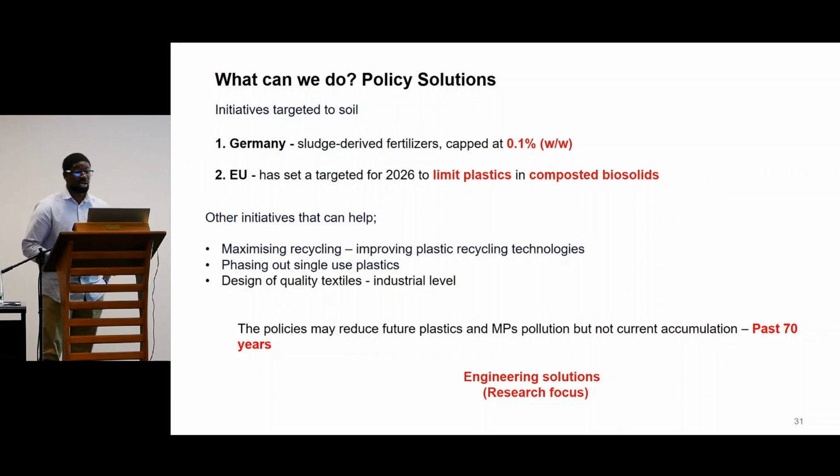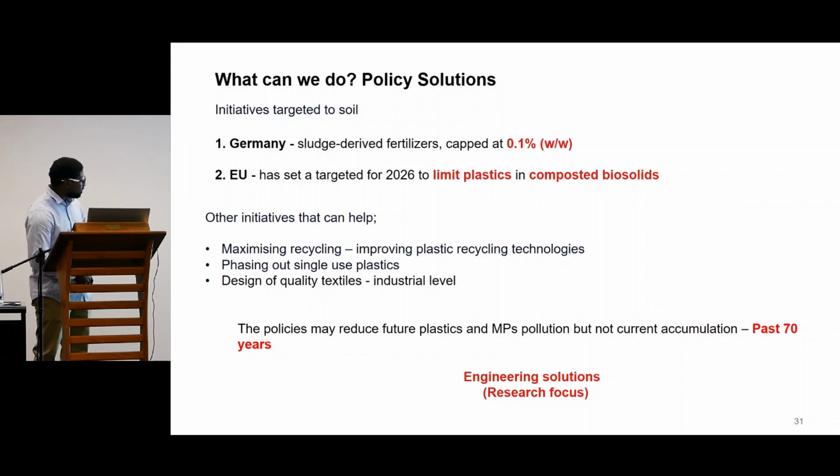Other initiatives that can help are maximizing recycling, as well as improving plastic recycling technologies, so that more plastics can be recycled rather than just disposed of, and phasing out single-use plastics, because almost all our products are plastic, or they are covered in plastics.